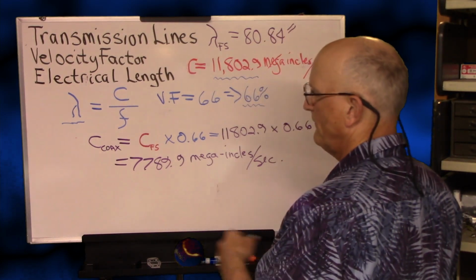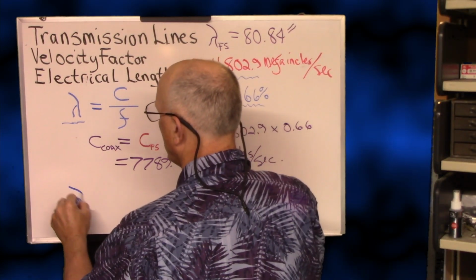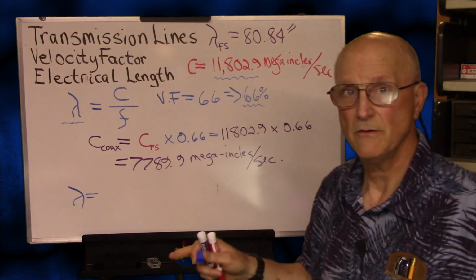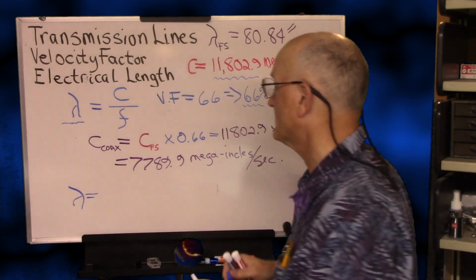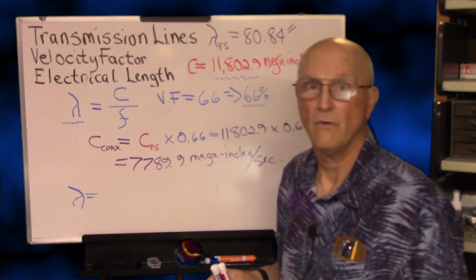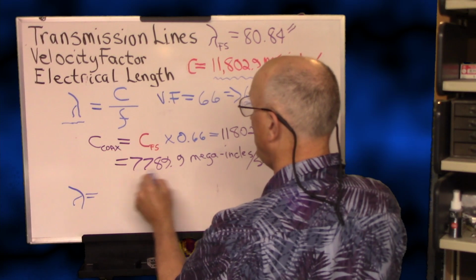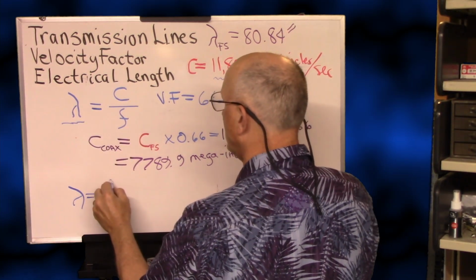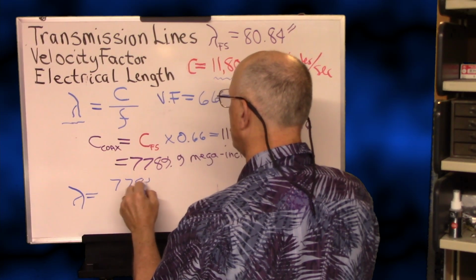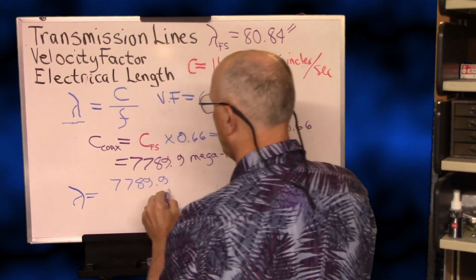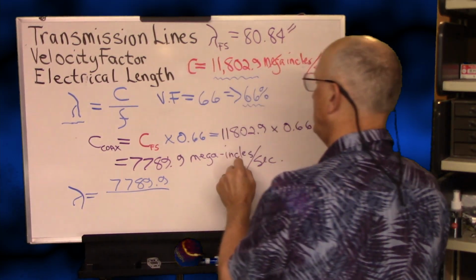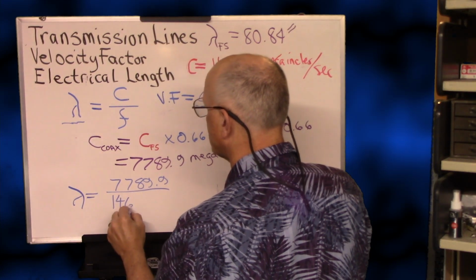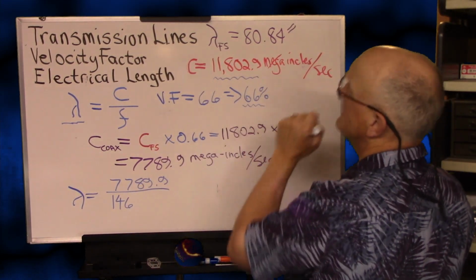We want to know what is the wavelength of the signal traveling down our coax. Well, that's this speed here, because this is the speed of travel, which is 7789.9 mega inches per second, divided by the frequency, which is 146 mega cycles per second.